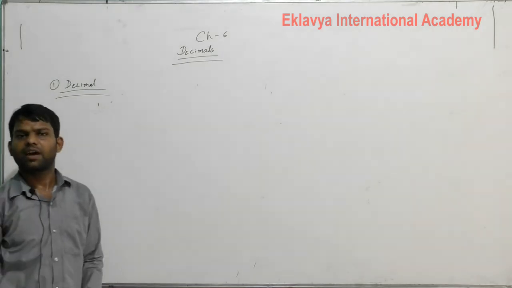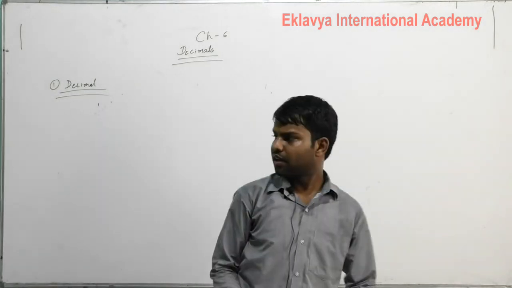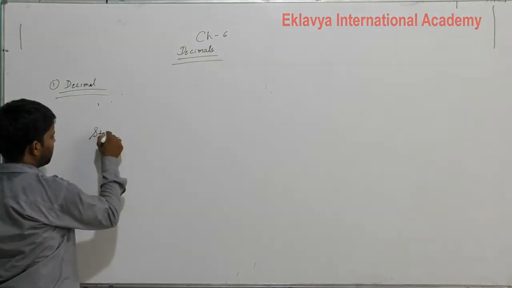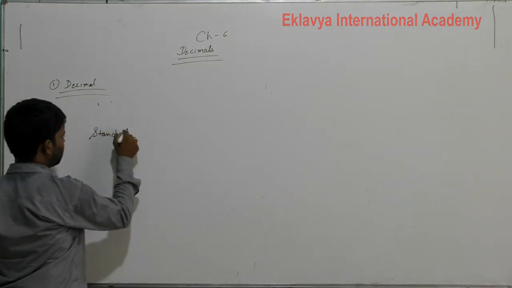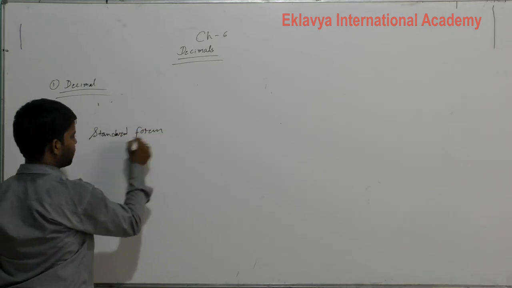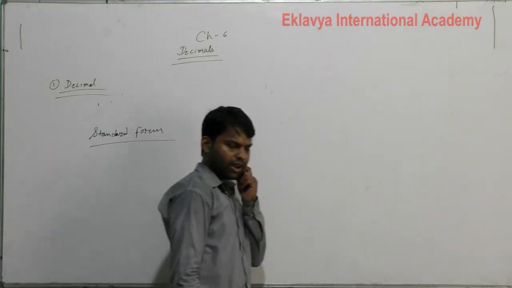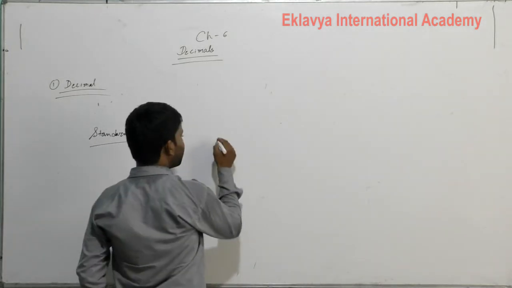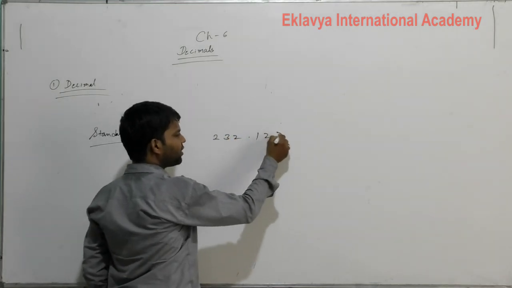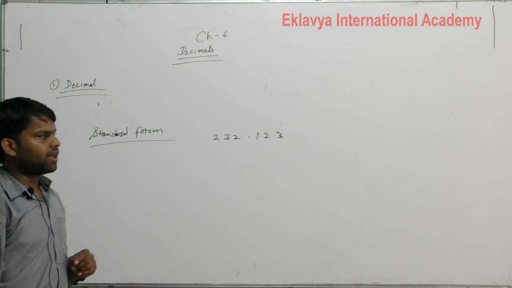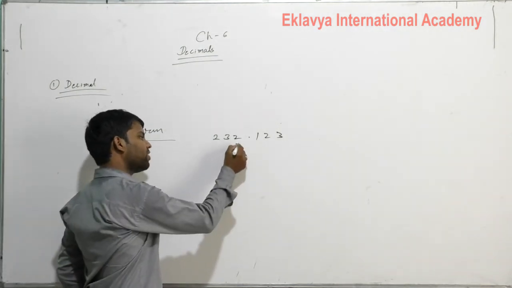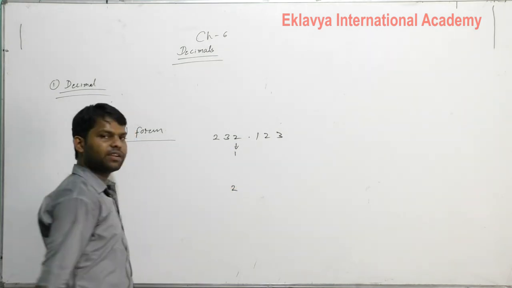Now we will discuss the last topic in exercise 6A. It is known as standard form. How will we represent the standard form of a number? If a number is given like 232.123, first we write each and every number's place value. The first number's place value is ones, so we write only 2.